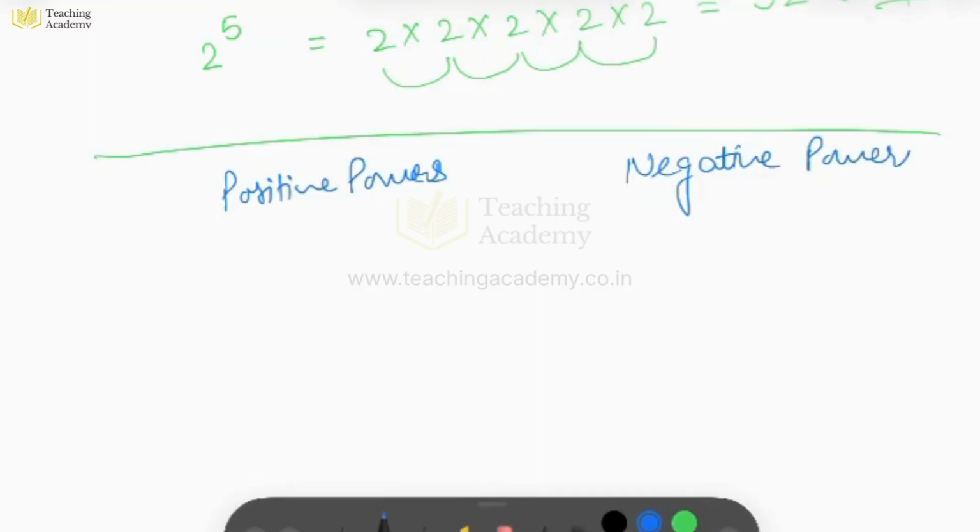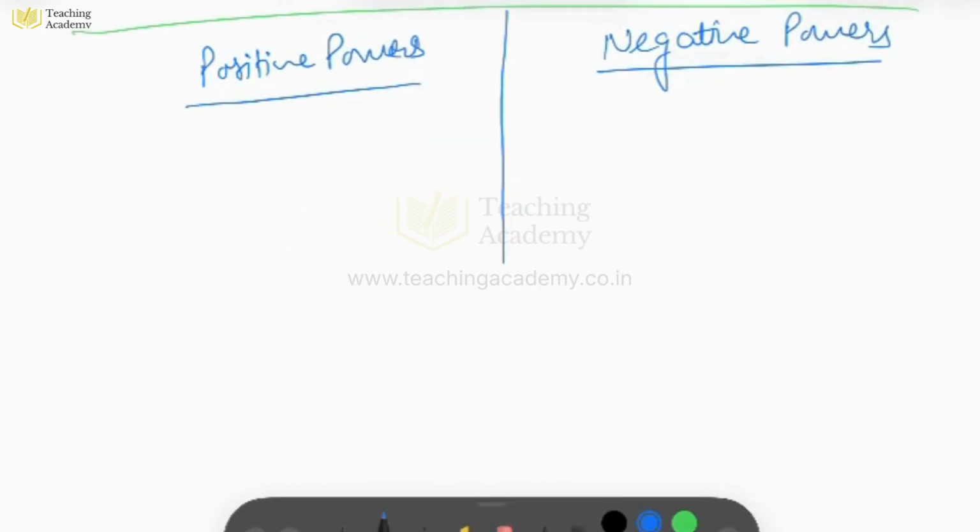You need to understand one thing, which is even and odd. Positive stands for the even cases. Anywhere you see an even power on the base, you get a positive answer. And when you see a negative number, that means you're going to have an odd power.